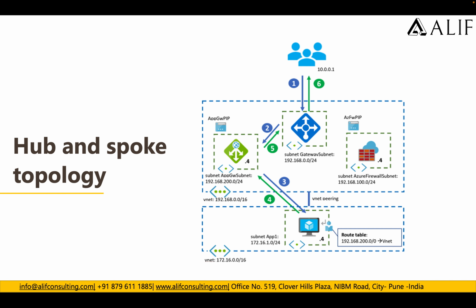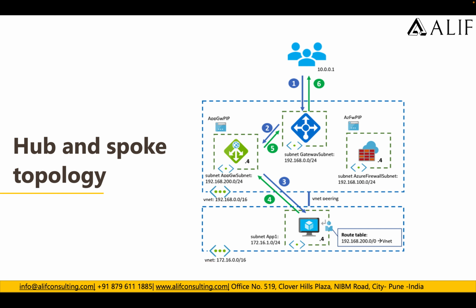And at the same time, other internet traffic or non-HTTPS traffic will come directly from the Azure firewall to the VM inside, and the same way it's going out through the Azure firewall also. So this is how it's going to be, and this is a widely used mechanism with hub and spoke topology, because you are putting your firewall and your application gateway in parallel.